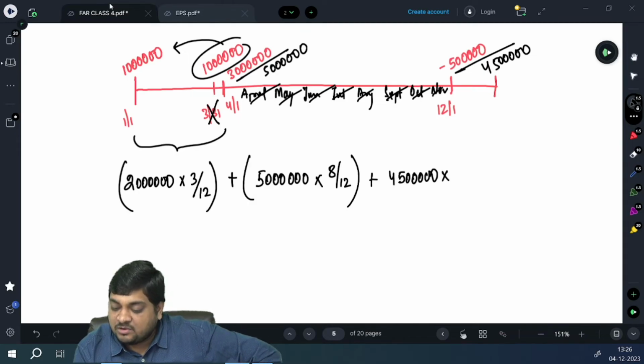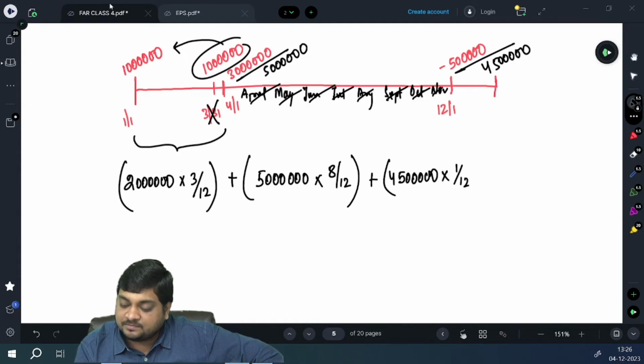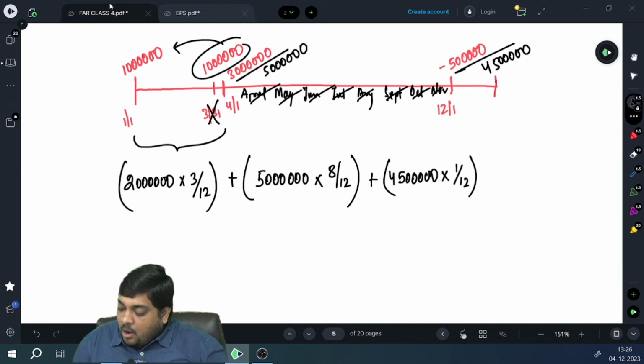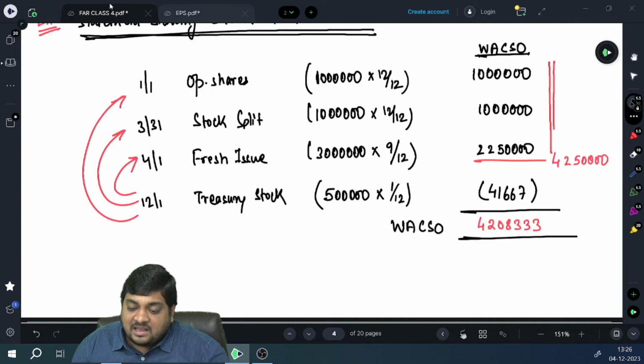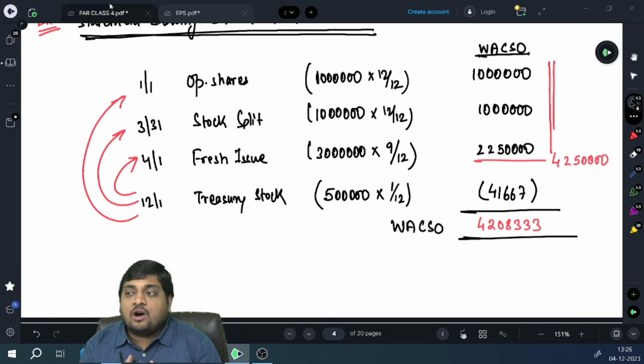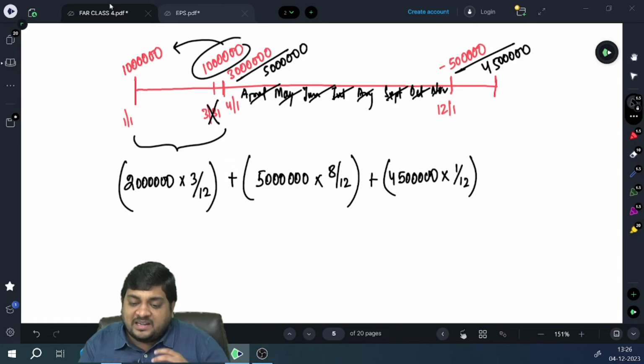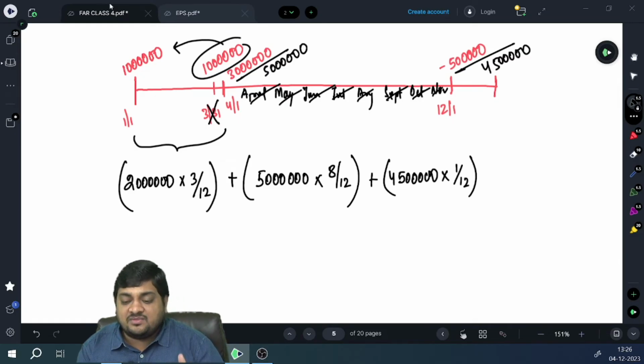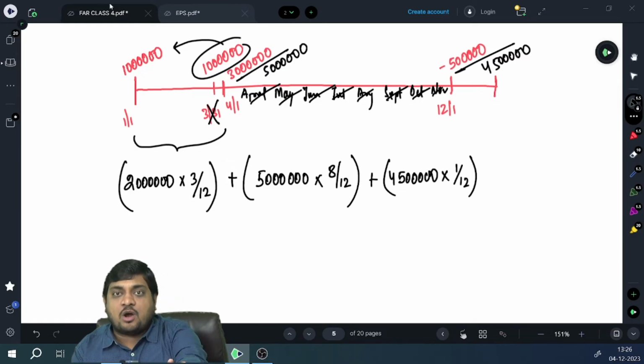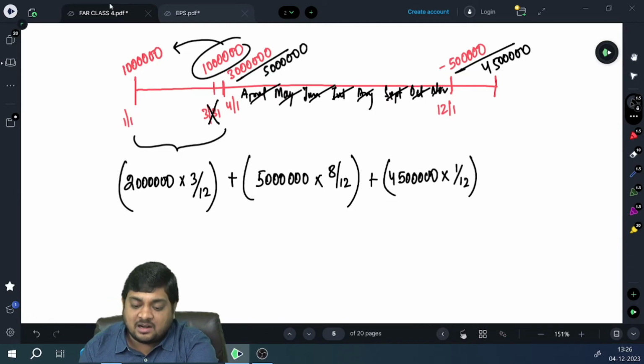So 45 lakh was outstanding for 1 month. Out here, we are considering every issue or every reacquired share separately on a time weighted basis. But out here, every time the stock position is changing, we are again calculating the common stock outstanding, and accordingly we are moving ahead.